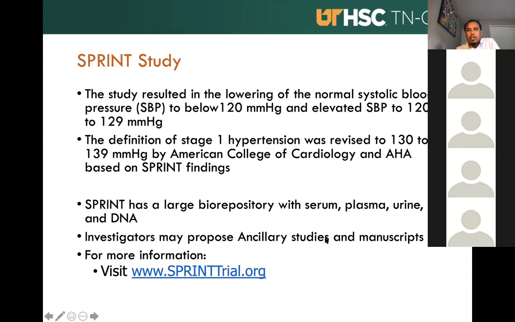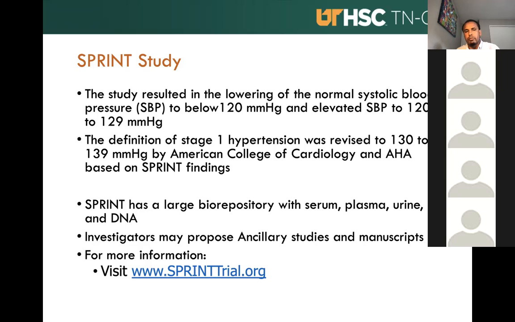The study resulted in the lowering of the normal systolic blood pressure to below 120 and elevated systolic to 120 to 129. It used to be that normal was considered to be below 130, but this was revised based on the result of the SPRINT study.